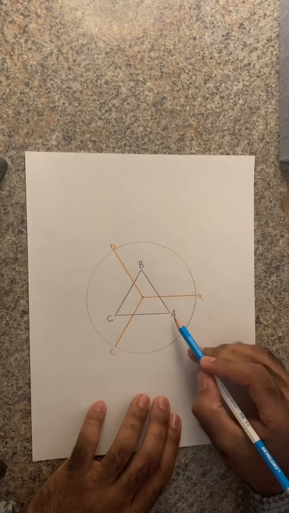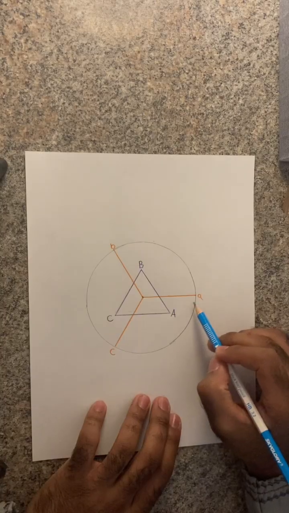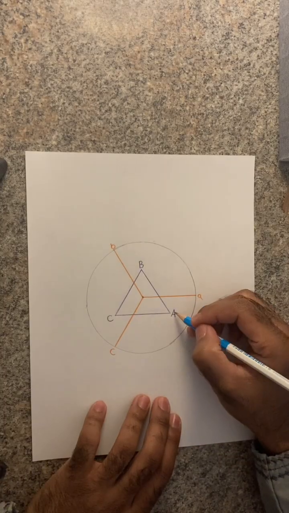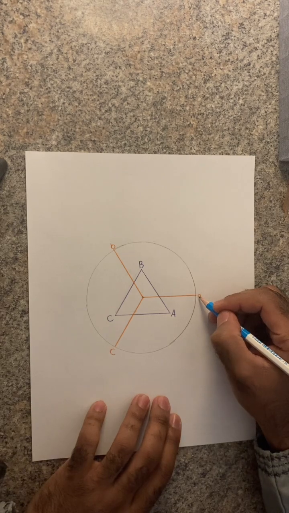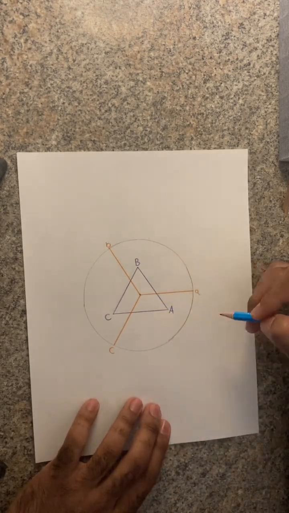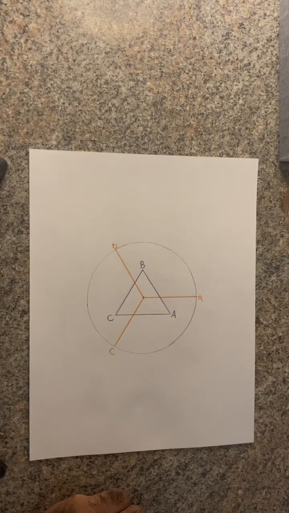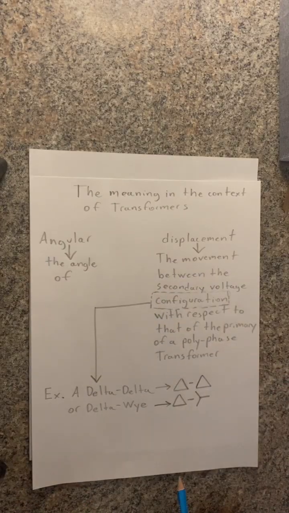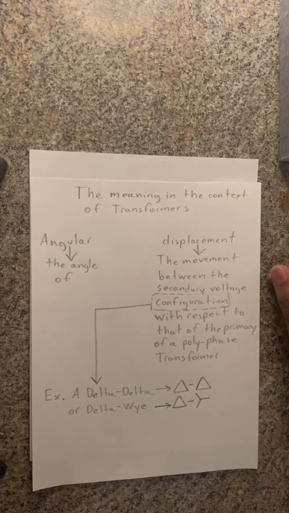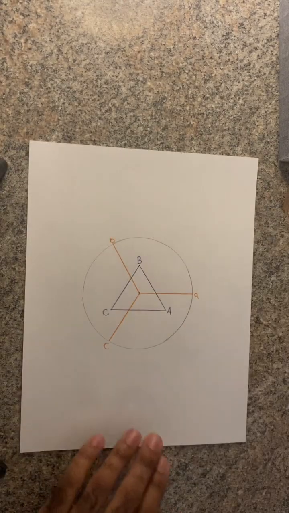Now, as far as the angular displacement is concerned between capital A and lowercase a, that is the primary A and the secondary A, we have to make an equivalence. If we recall the definition, it is the movement of the secondary voltage configuration with respect to that of the primary.